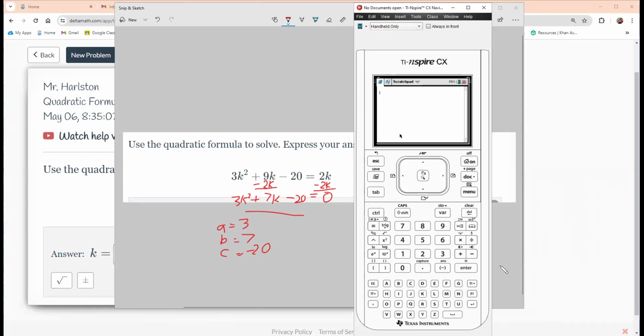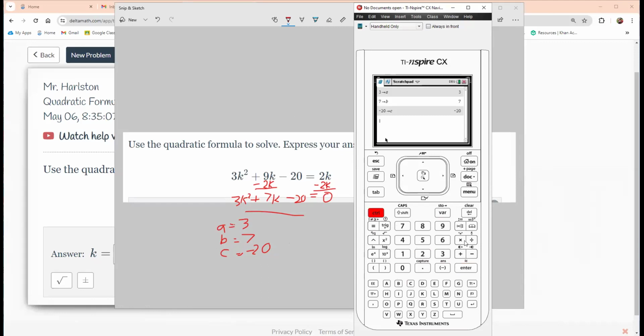So I'm going to store 3 and put it into A, done. I'm going to take 7 and store it into B, done. And then I'm going to take a negative 20 and store it into C, done. Now I'm going to use the quadratic formula.